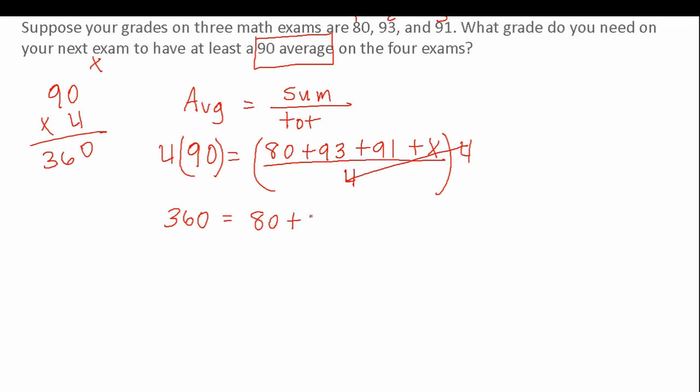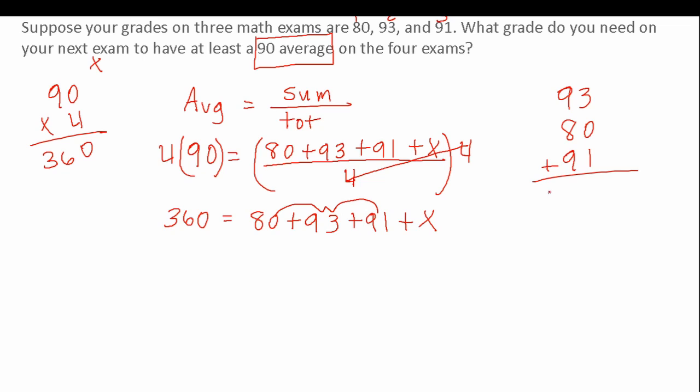80 plus 93 plus 91 plus x. Okay, now we're solving for x. The next thing I like to do to make sure my work stays nice and neat is to combine all these like terms. That is, I'm going to add 93, 80, and 91.